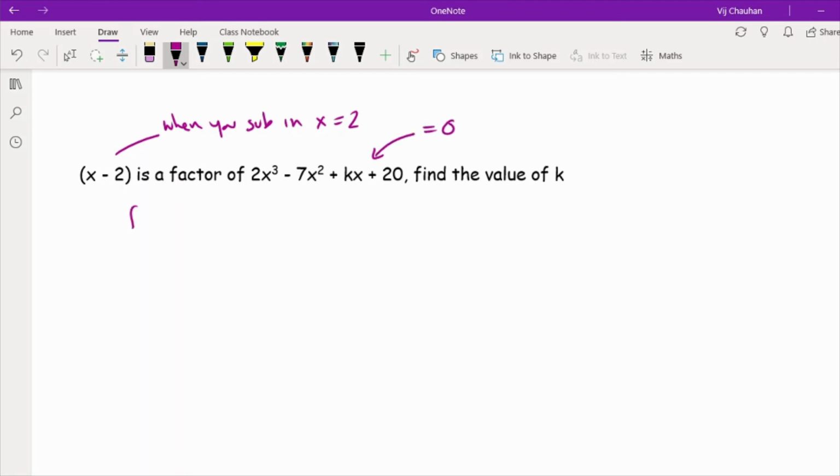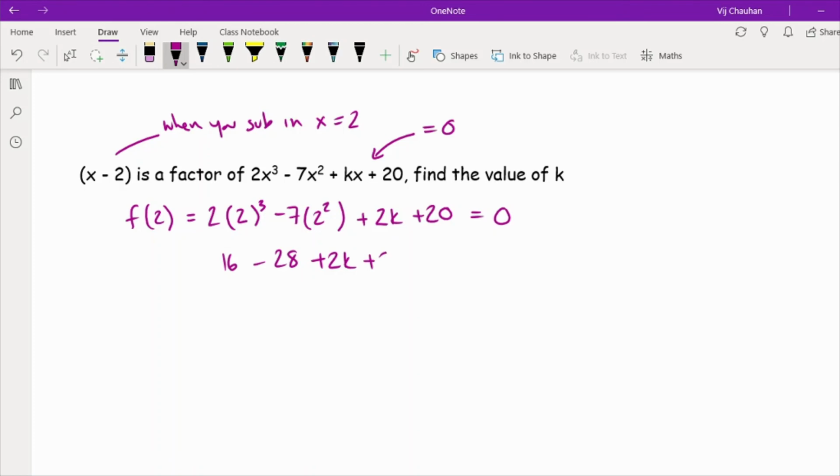So I have f of 2 equals 2 lots of 2 cubed minus 7 lots of 2 squared plus 2 lots of k plus 20, and this is going to equal 0. Working this out, 2 cubed is 8, times 2 is 16, and 7 times 4 is minus 28, plus 2k plus 20 equals 0.